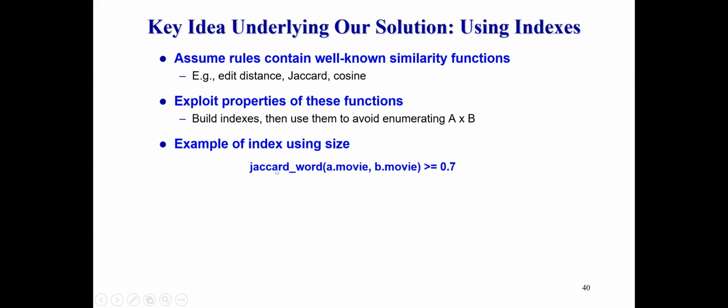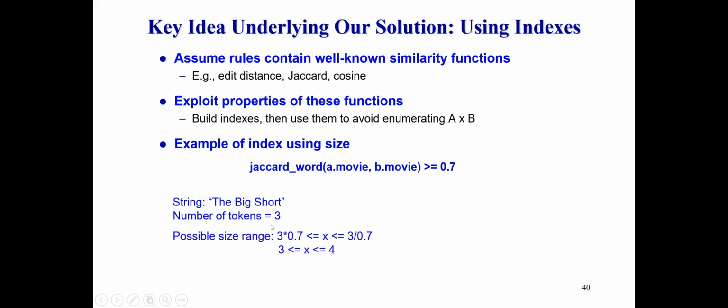As an example, suppose I have a blocking rule like this. This is just one predicate. If I have a string like "the big short", then the number of tokens here is 3. Based on well-known research results, we know that any string that pairs with this string and survives this blocking rule must have a length between 3 and 4.